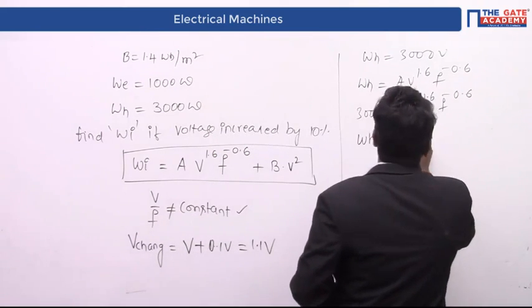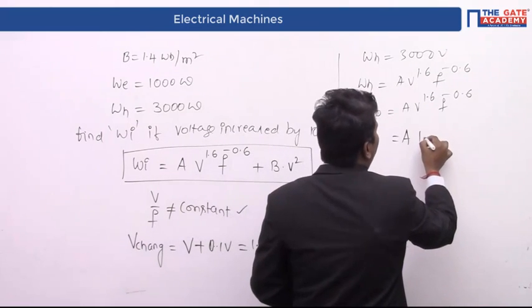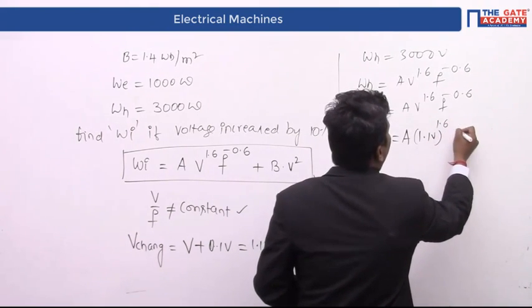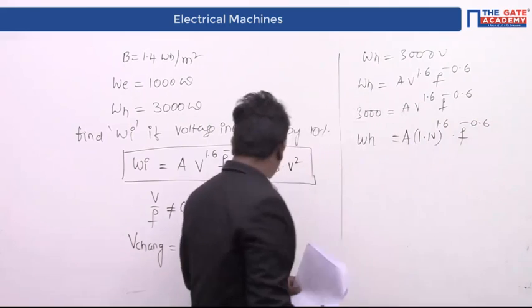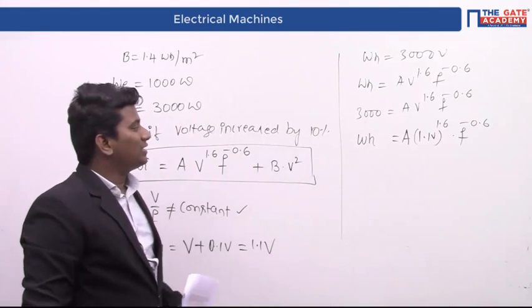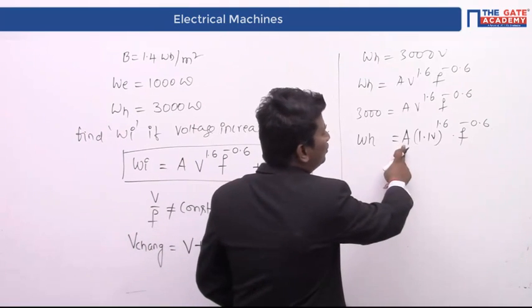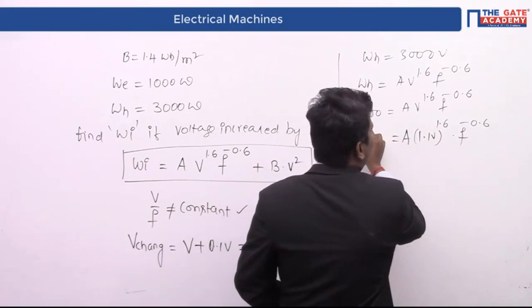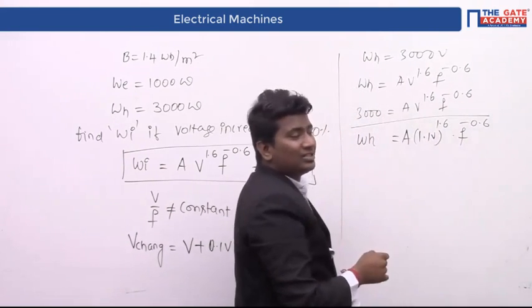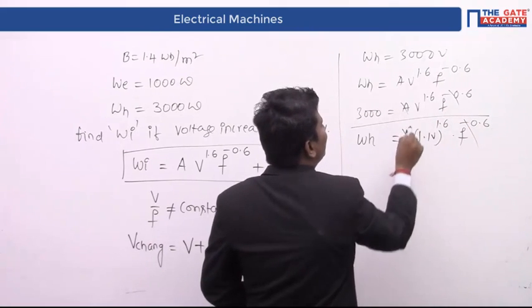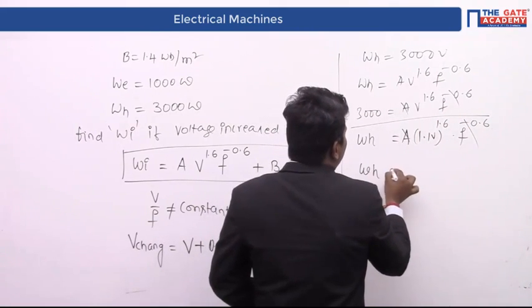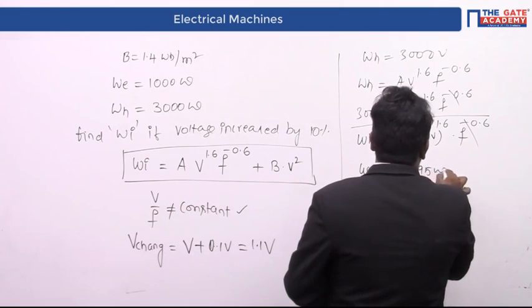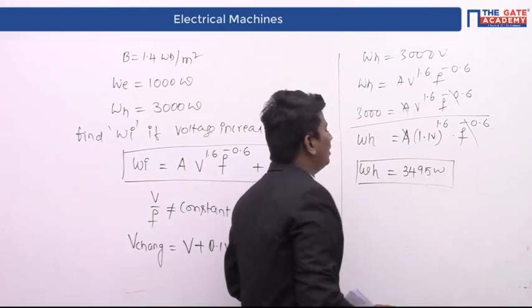It is A into 1.1 times V, whole to the power of 1.6, and F to the power of minus 0.6, because the voltage is increased by 10%. If you take the ratio between these two, A will get cancelled. Therefore, from this, the hysteresis loss is equal to 3495 watts. So finally, how much did you get?